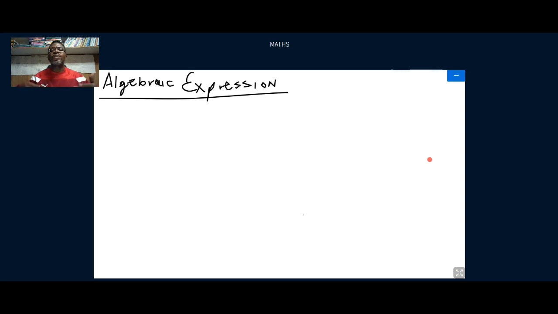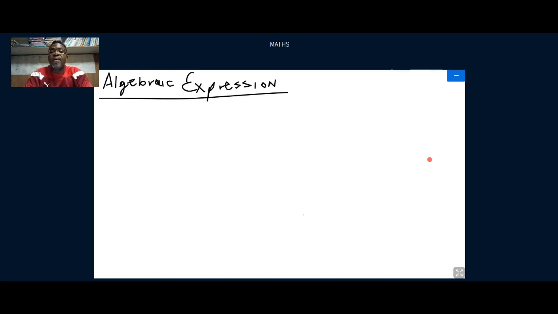the building blocks of an algebraic expression. That will enable you to understand an algebraic expression, because it is an expression. What is an expression? Think about it. You want to express yourself.